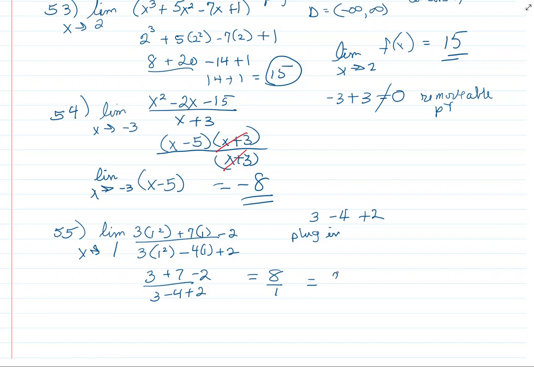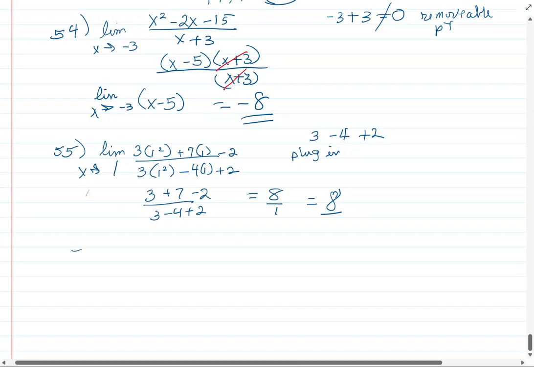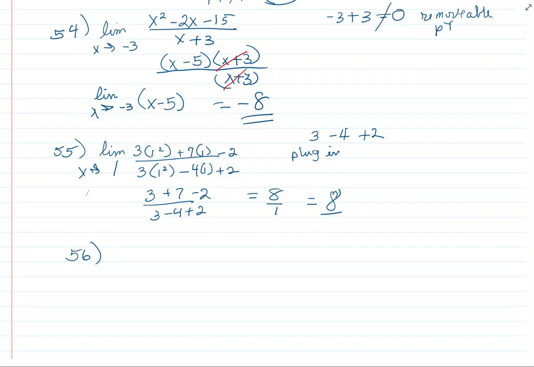56. Find the limit as an average rate of change from c to x. In other words, in this case, our functional structure was for the average rate of change, which is slope. And I'm going to say it is going to be f of x minus f of c over x minus c.